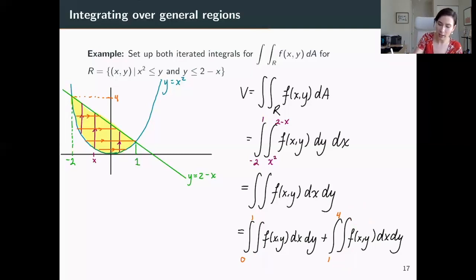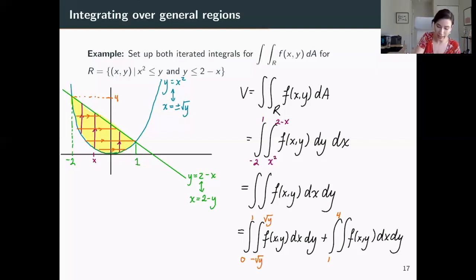We can rewrite y equals x squared as x equal to plus or minus root y. And we also have that y equal to 2 minus x can be rewritten as x equal to 2 minus y. So on the interval from 0 to 1, I see that I'm going from negative root y to positive root y.